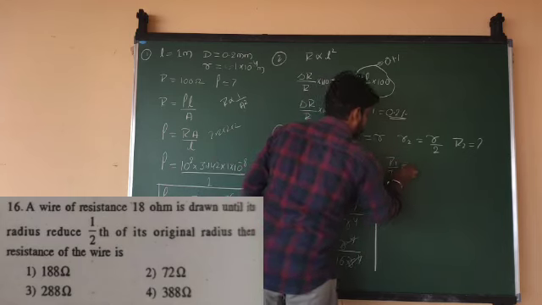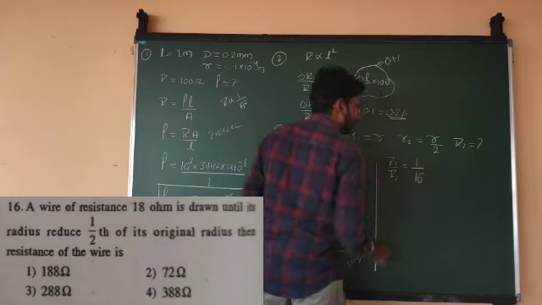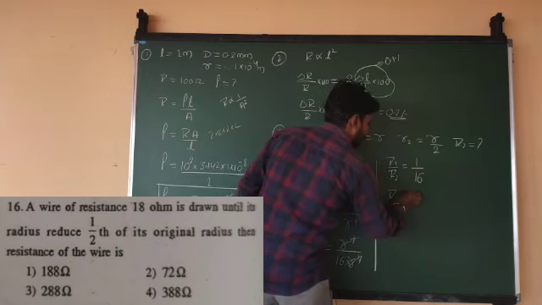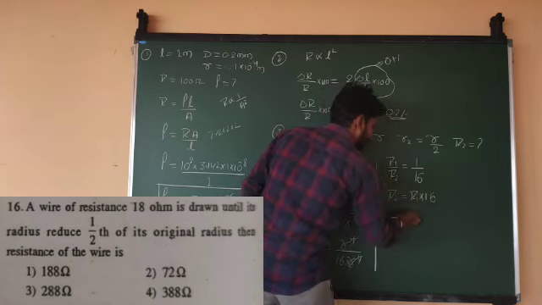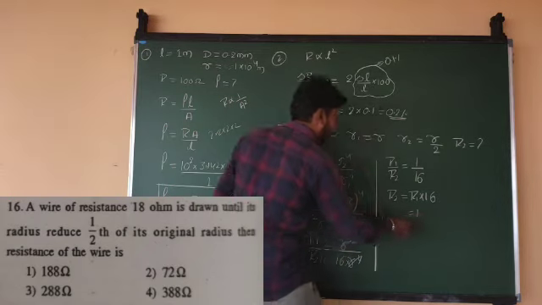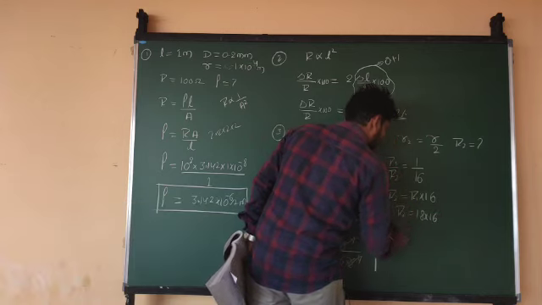So look at here, R1 by R2, that is equal to what? 1 by 16 here. Suppose I have to find out the R2 value. R2 value is how much? R1 into 16 here. R1 value is 18 ohm here. 18 into 16, so this is the answer.